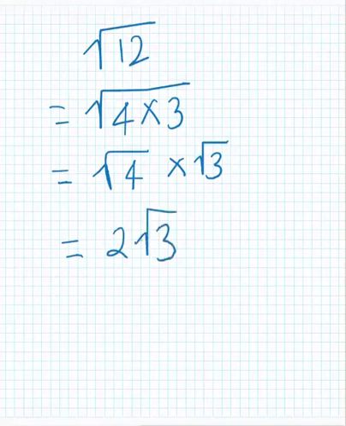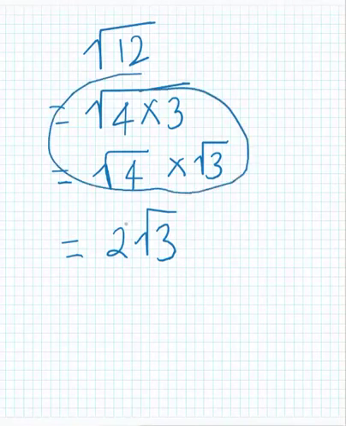That would be our final answer. But I just showed you this to point out where we have actually seen this index law when multiplying surds. It comes under simplifying surds, and this part just here is the multiplication law when it comes to surds.